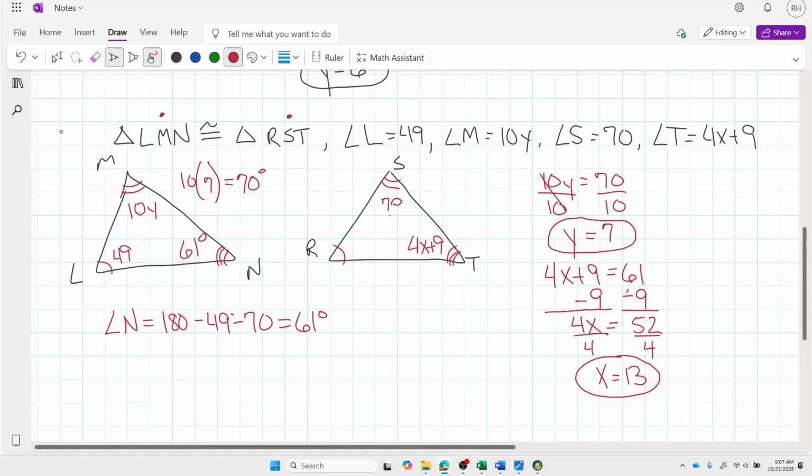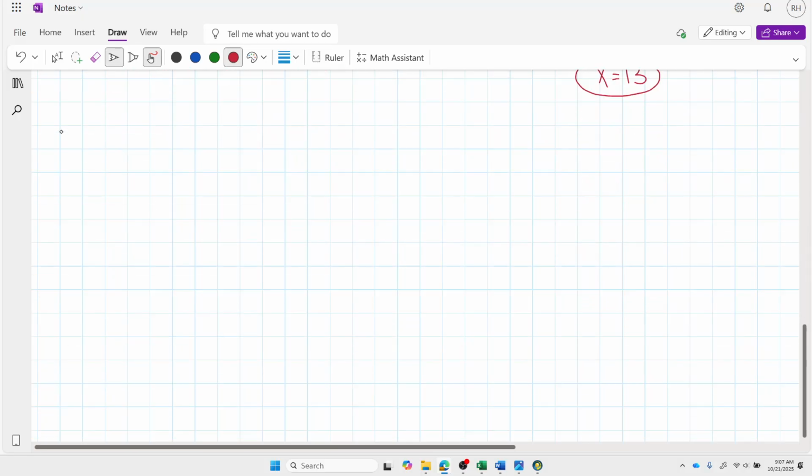All right, one more. You have triangle JKL congruent to triangle MNP. JK is 12. LJ is 5.